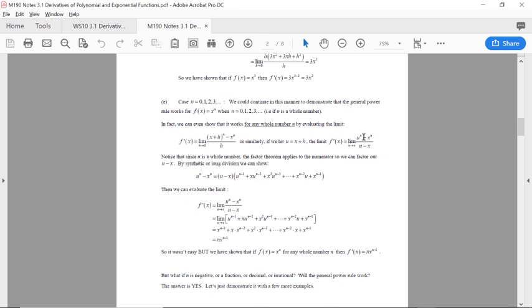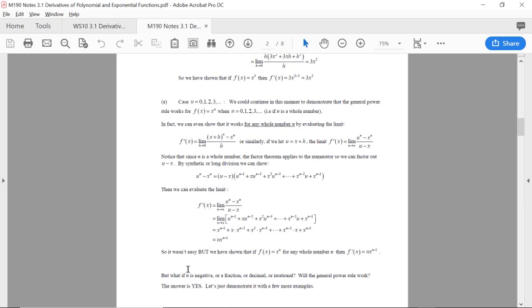So that suggests that we can factor out a u minus x from the numerator. If we do factor out u minus x, we will get a list of terms that looks like this. So this proves that, in fact, the general power rule does apply as long as n is a whole number. That is, as long as we're dealing with a polynomial, it certainly does apply.